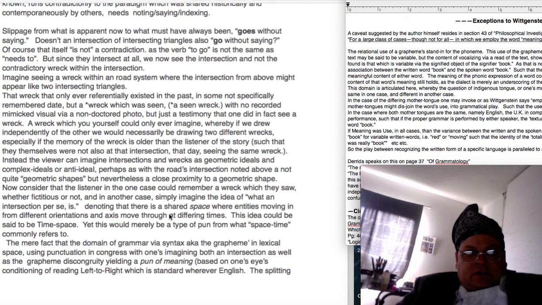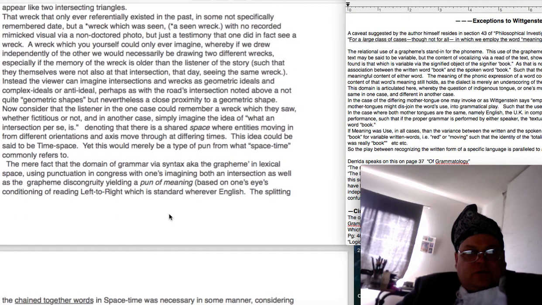Instead, the viewer can imagine intersections and wrecks as geometric ideals and complex ideals and anti-ideals, perhaps as with the road's intersection noted above, not quite geometric shapes, but nevertheless a close proximity to geometric shape.